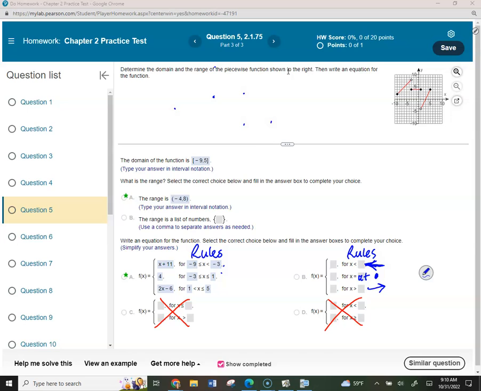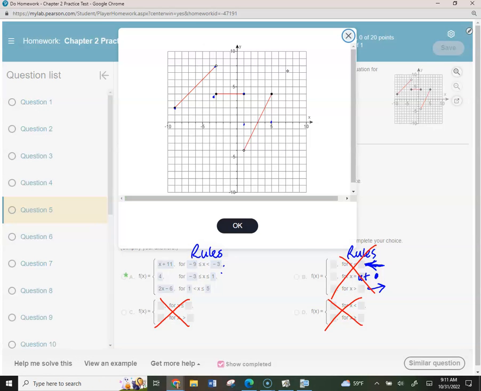Did we have that in the graph? No, we did not. So this is not the possible answer. That puts you here. Now you're going to have to do the same thing we did on the last example, which is why I spent so much time doing that, because I knew it was coming up. You get the rules by looking at the graph and finding your vertical breaks.